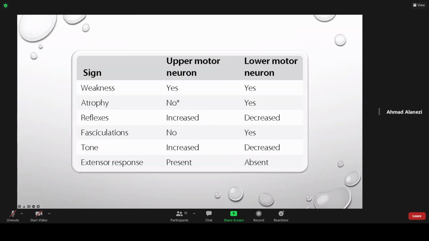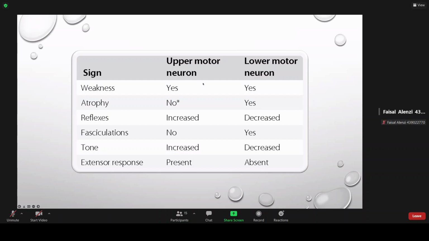Now, those are the signs of upper motor neuron and lower motor neuron that you need to know. Weakness: we do see weakness in patients with upper motor neuron, and also we do see weakness in patients with lower motor neurons. But there is a difference between them. So anyone, what's the difference between the weakness here and there? Which one is more severe in terms of weakness?